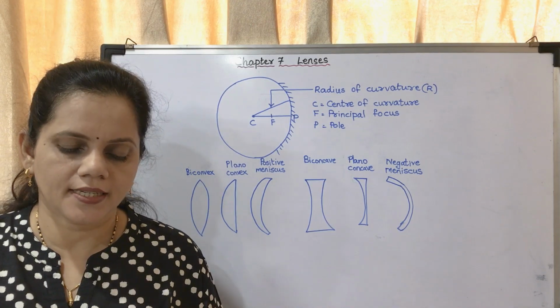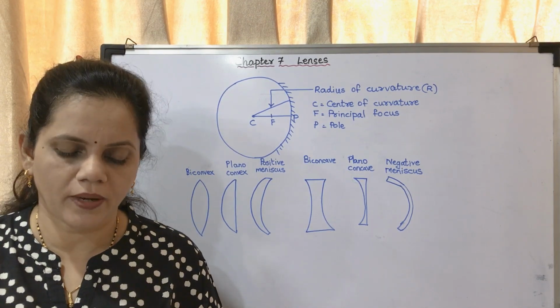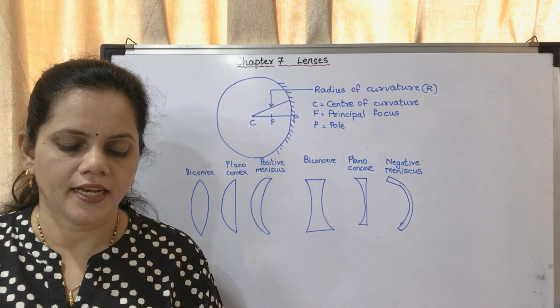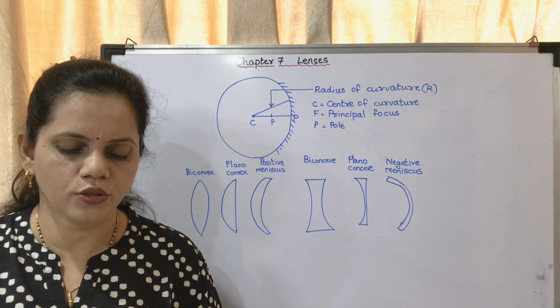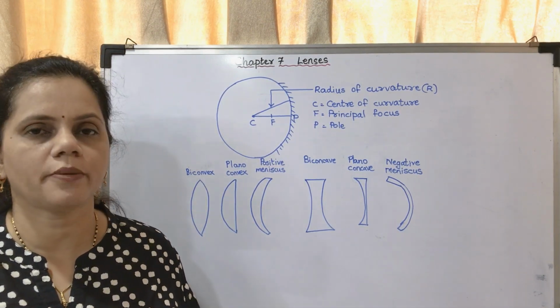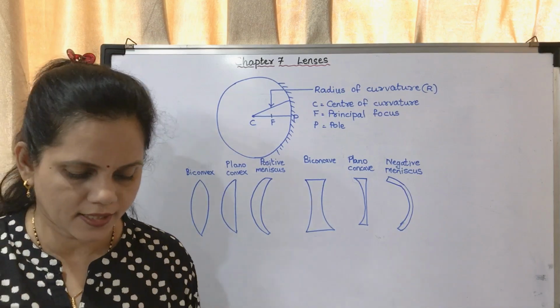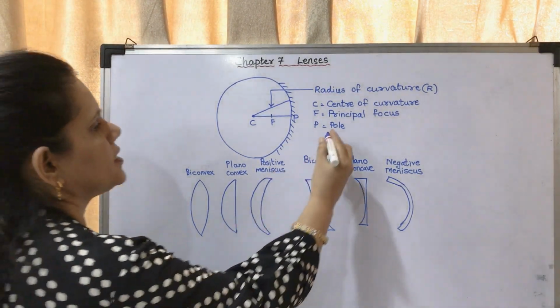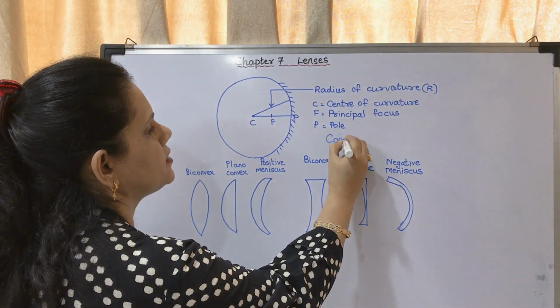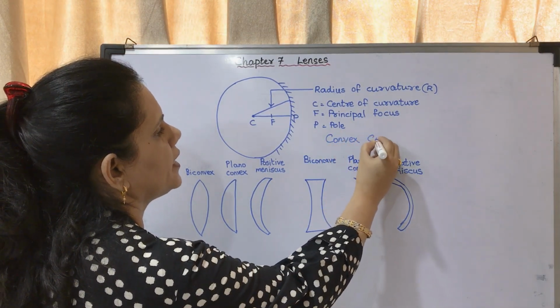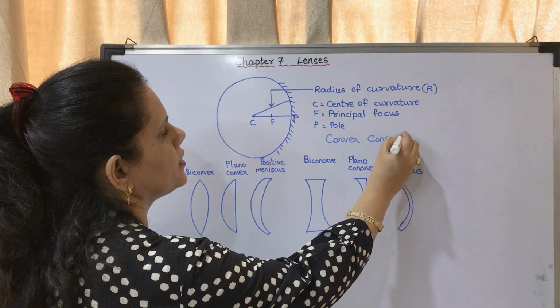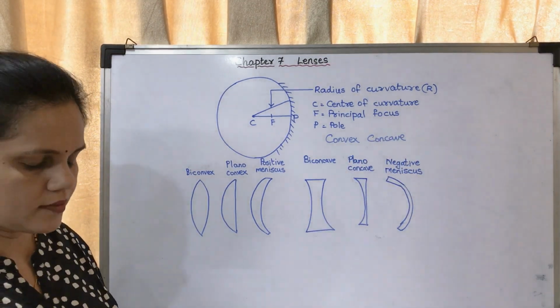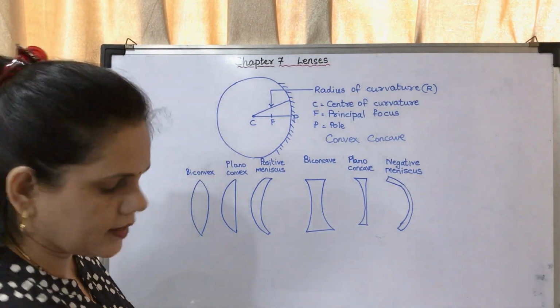A lens is a transparent medium bound by two surfaces, having two spherical surfaces which are puffed up outwards. There are basically two types of lenses, convex lens and concave lens.